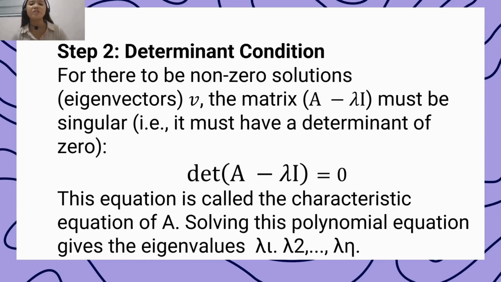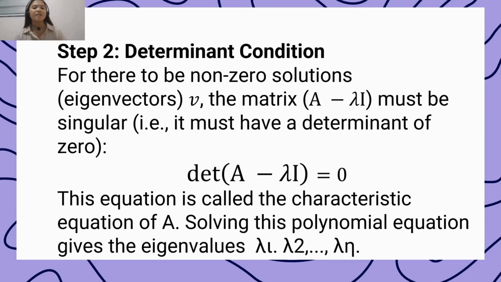Step 2. Determinant condition. For there to be non-zero solutions for our eigenvectors, v, the matrix A minus lambda times the identity matrix must be singular. So it must have a determinant of 0.